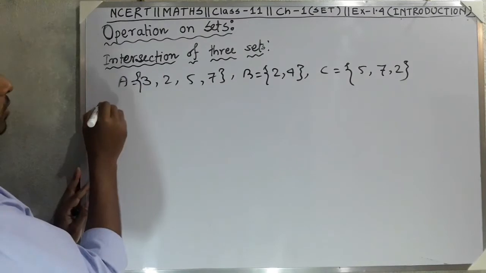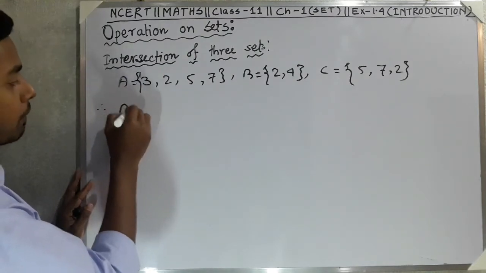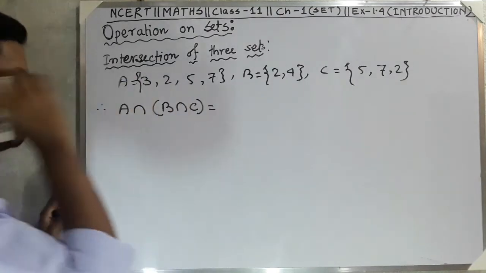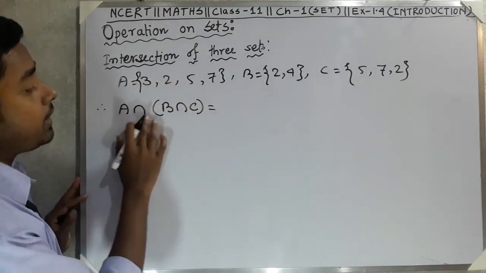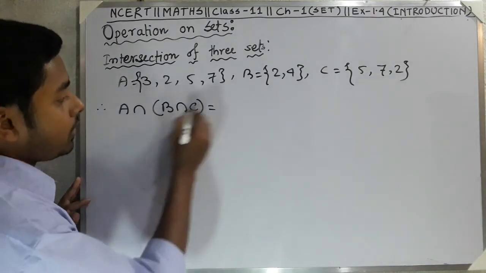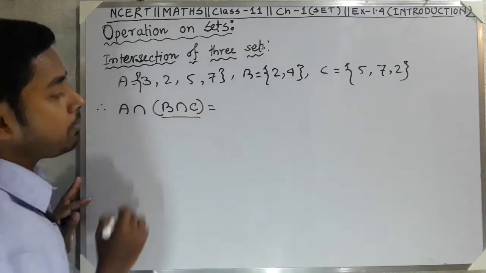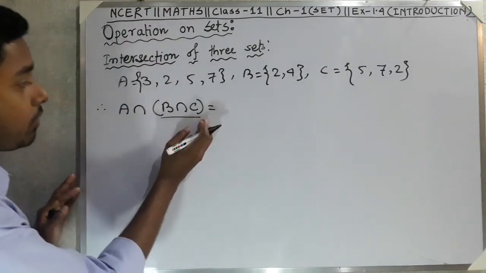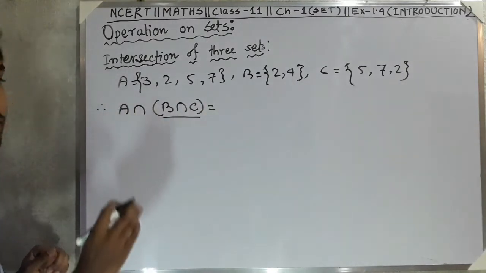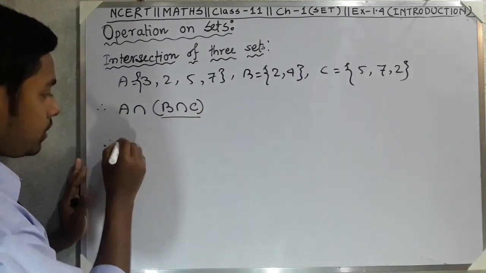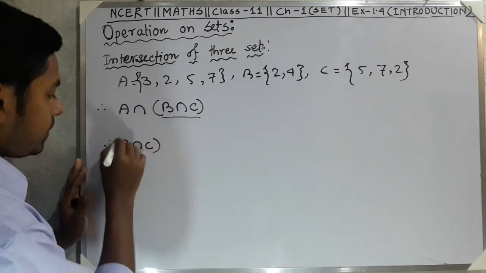Suppose we have to find out A intersection B intersection C. That means first of all we have to find out B intersection C, and then that set you have to compare with A. So first we will find out B intersection C.